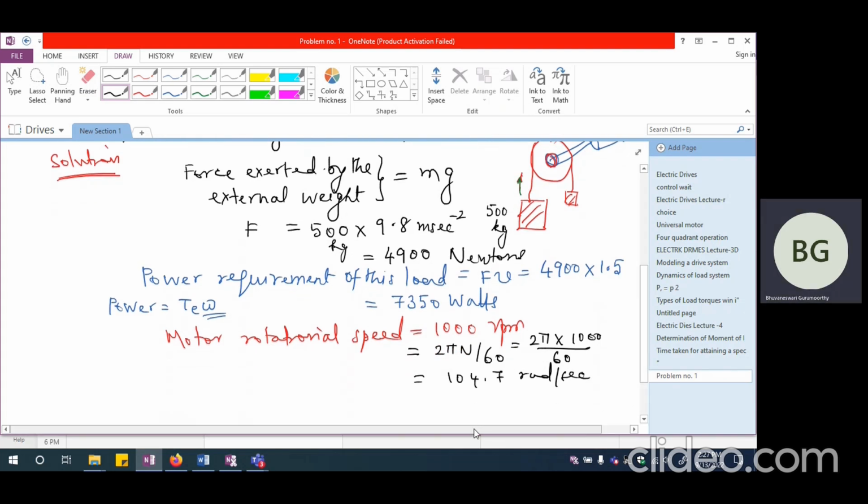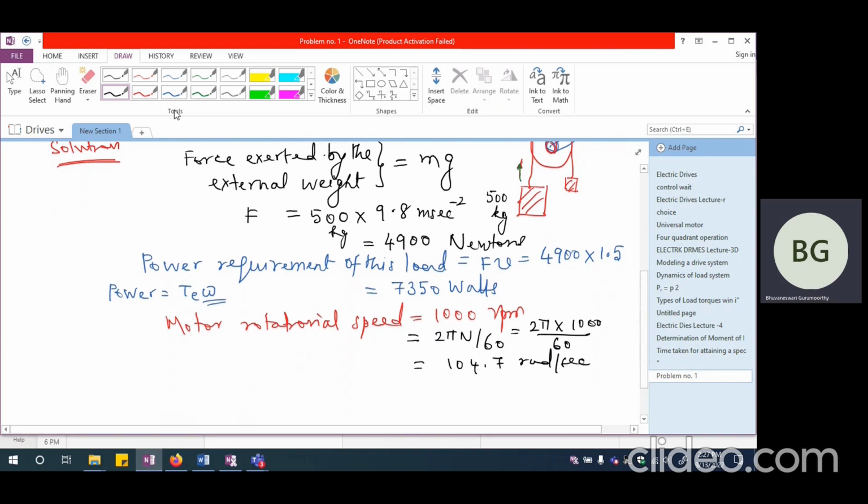So this is the rotational speed. Okay. Now that we have this as the rotational speed of the motor, if a power of 7,350 watts needs to be developed by this motor rotating at 104.7 radians per second, the torque has to be the TE, that is electromagnetic torque, to be developed.